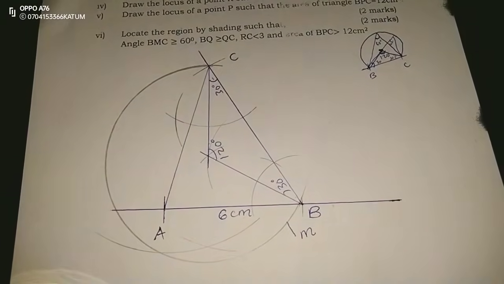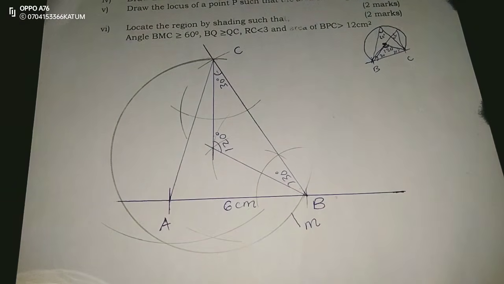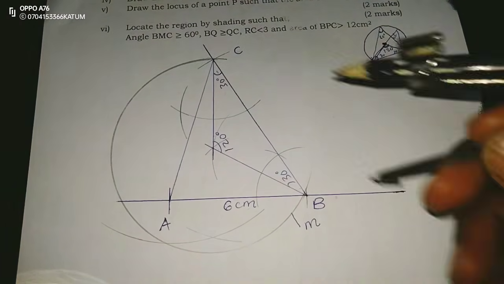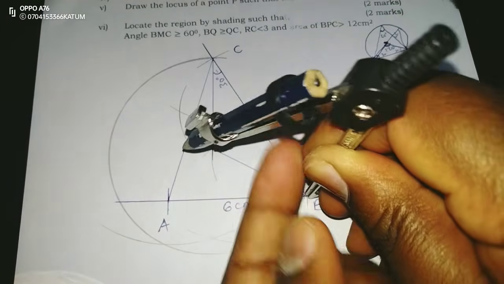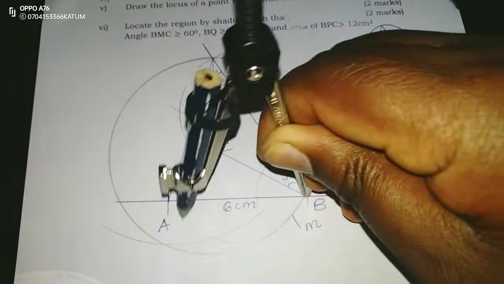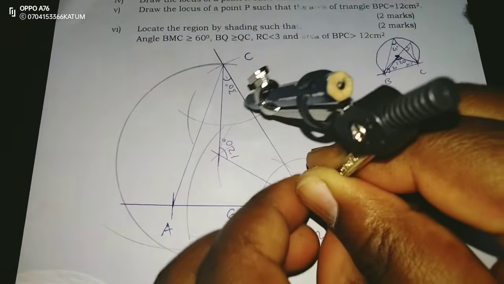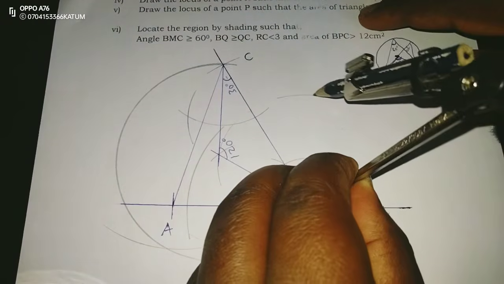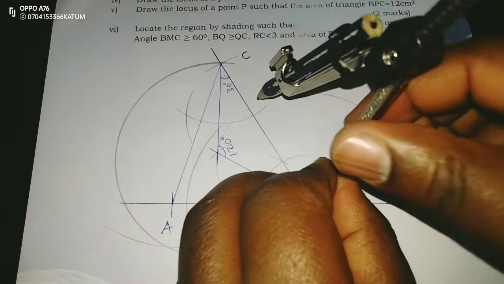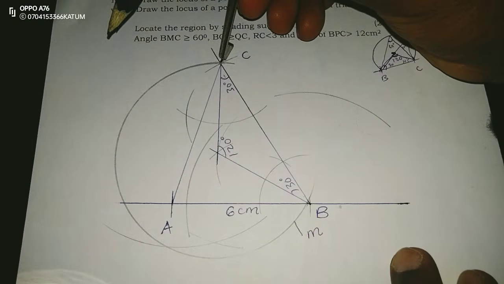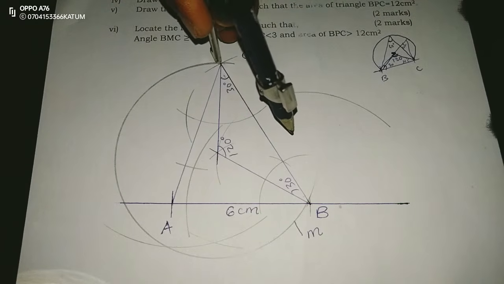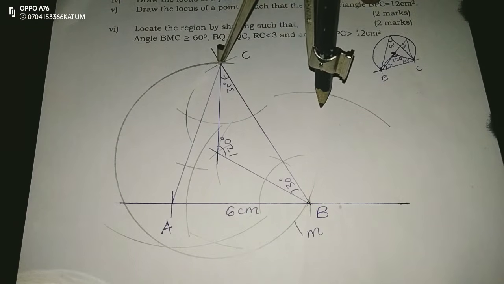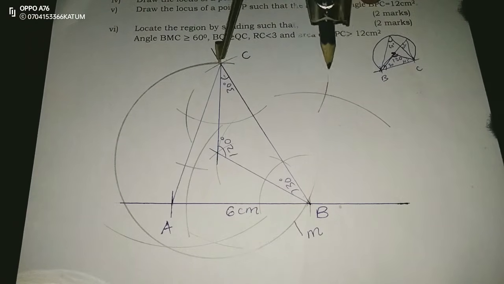Therefore, I want to bisect BC now. So I need to stand here. I produce the radius. I make an arc, and I make an arc on this other side. Then now I come to this other end. I make an arc, and I also make an arc to cut the first one.